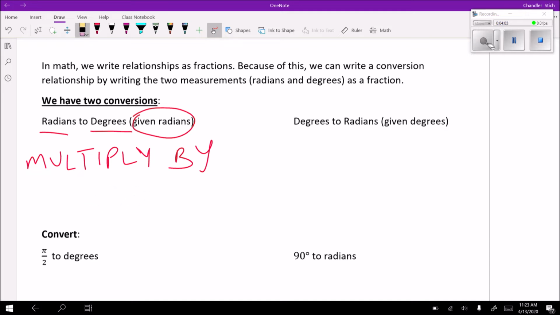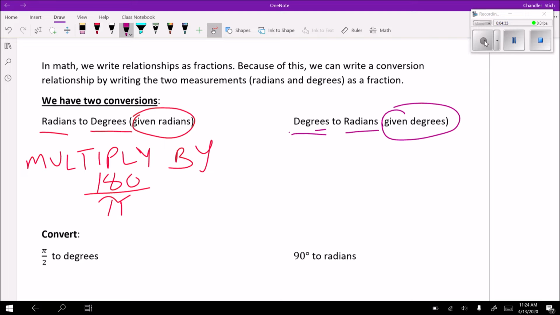Let me rewrite that a little bit cleaner. Multiply by 180 divided by pi. This will cancel out the pi's, and you'll be left with a number. You'll be left with degrees. Now, the other way. If I want to convert degrees to radians, I'd be given degrees.